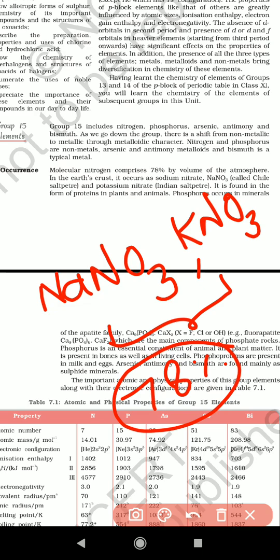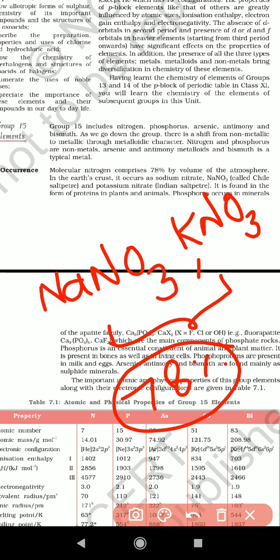It is also found in the form of proteins in plants and animals.